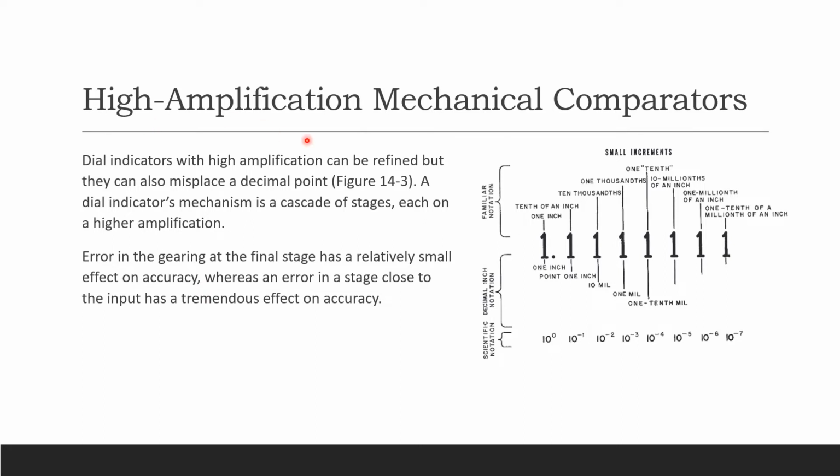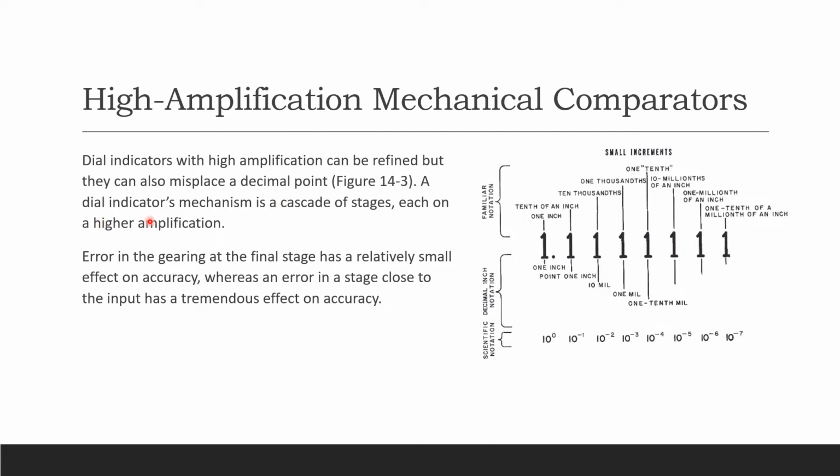Now, high amplification mechanical comparators. Dial indicators with high amplification can be refined, but they can also misplace a decimal point. Even if we go into high amplification, sometimes we're going to get a misplacement of the decimal point.